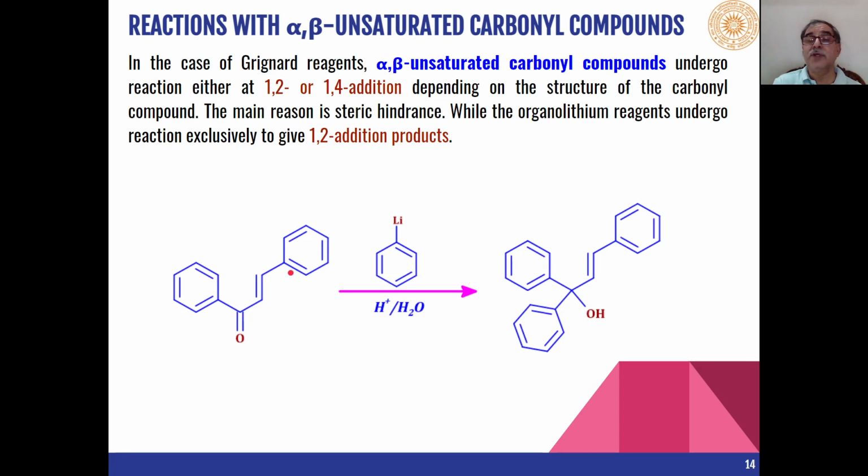But when we react these with organolithium reagent, we will only get the 1,2 addition product. So this is the advantage of organolithium compounds, that we will exclusively get 1,2 addition products when alpha beta unsaturated ketones are reacted with phenyl lithium to give us these types of alcohols.